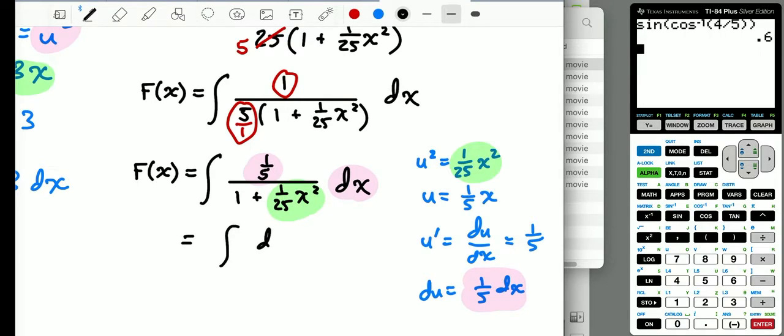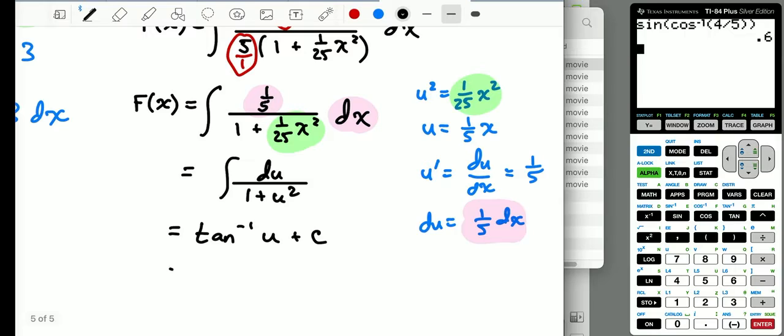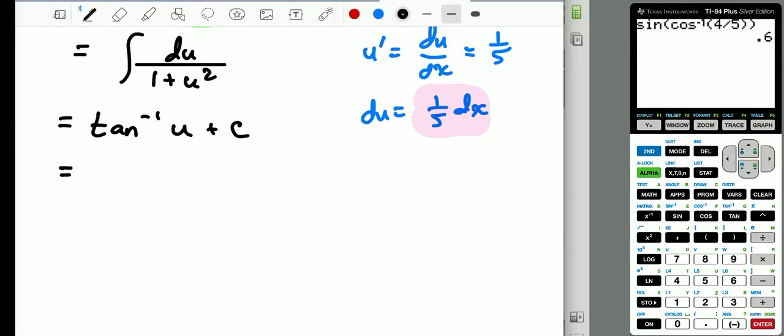So du over 1 plus u squared, that's the inverse tangent rule. So now I just have to swap out the u with a 1/5 x, and there it is.